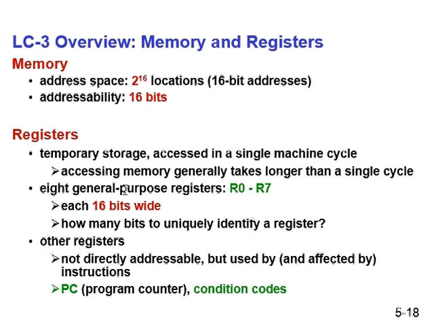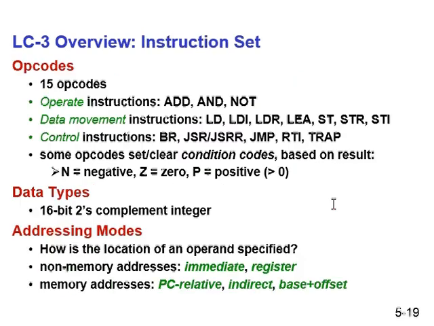With the memory, for the LC-3, you have the address space with 2 to the power 16 locations, with addressability of 16 bits. For the registers, you have registers R0 to R7, each 16 bits wide. And the other registers, PC and condition codes. The condition codes are N, Z, and P: N means negative, Z zero, and P positive.